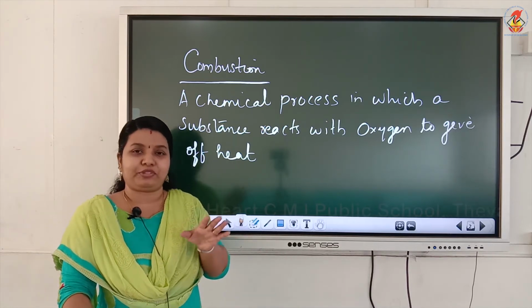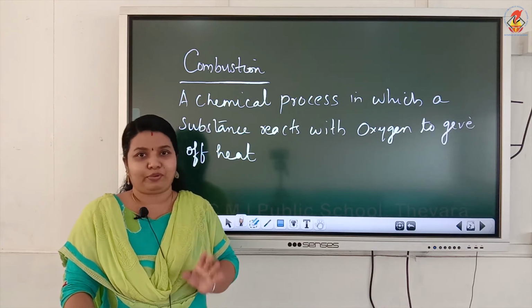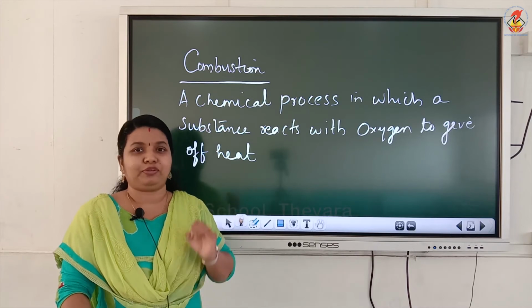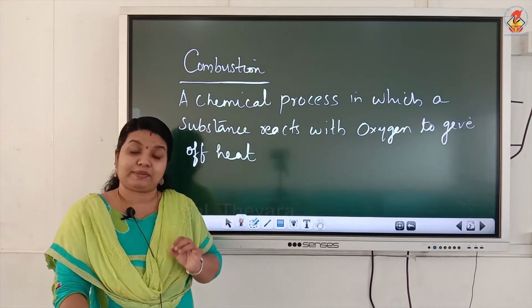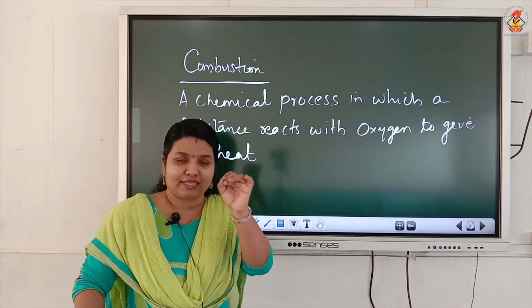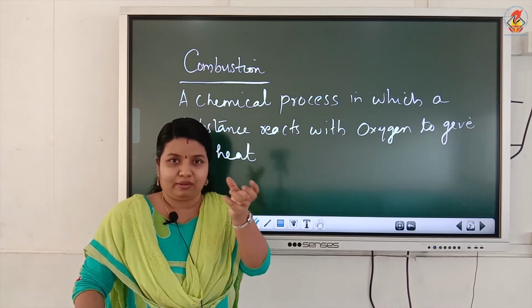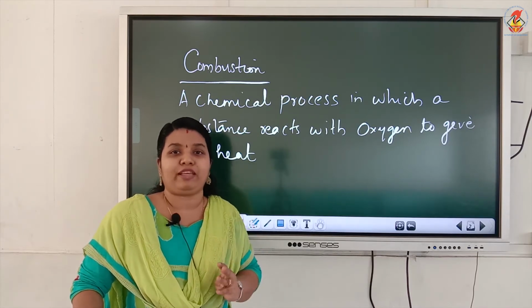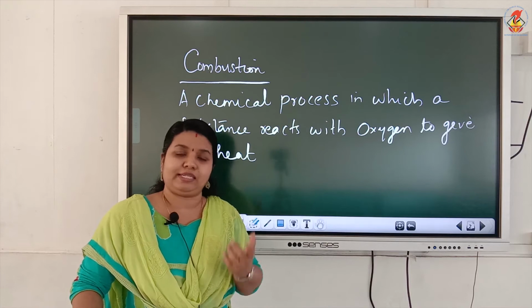In most of the combustion reactions, light is also produced. But production of light is not mandatory there. If heat is produced, that is enough. Substances like coal don't produce light. It just glows with a red light. Red glow is produced, but no flame is there. But heat is produced.